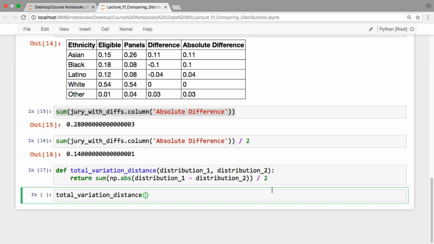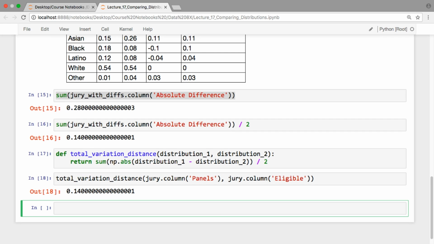So we will take, both of those were in our jury table, so just for brevity of writing, jury.column panels as the first array, and then jury.column eligible as the second. And look, we get 0.14, which is exactly what we got when we did the calculation longhand. This function is going to be very handy. We're going to use this several times.